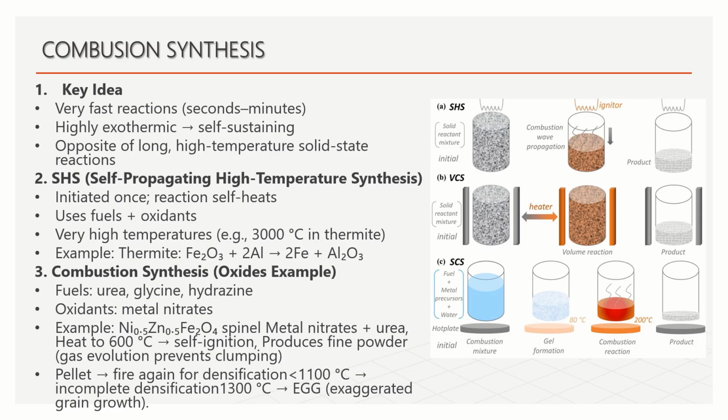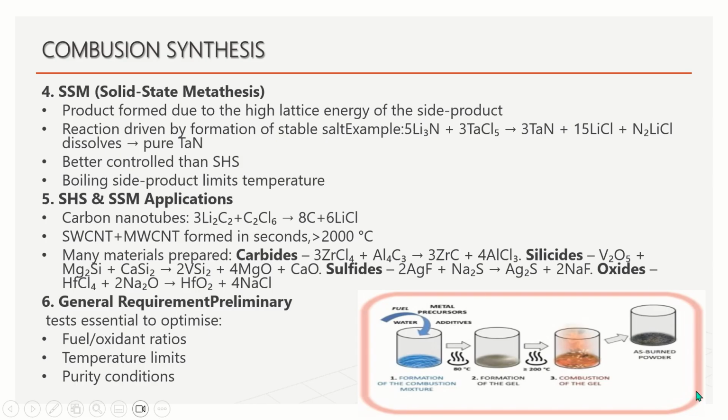This is the combustion step, and the burning gel produces a fluffy fine powder of the final product. As shown here, the fuel and water are mixed together with the metal precursors, at 80 degrees Celsius the gel forms, and above 200 degrees Celsius the gel combusts. The gel starts to catch fire, and the combustion leaves us with the product, which is burnt, fluffy fine powder.